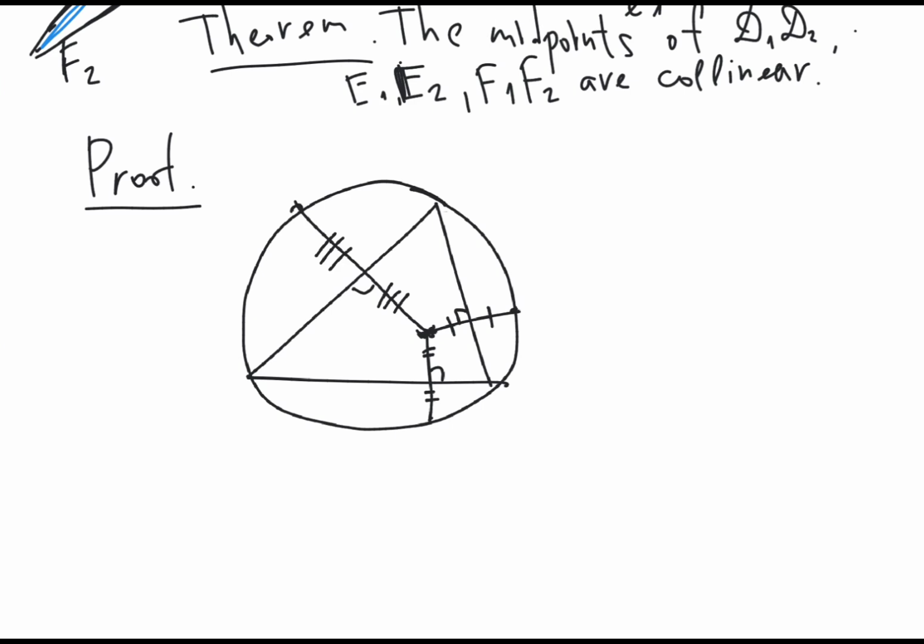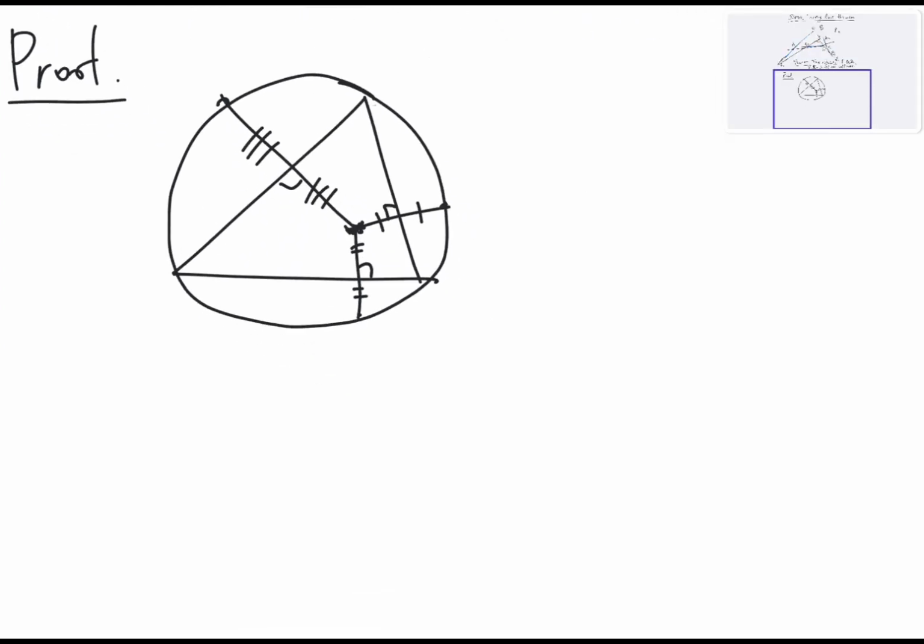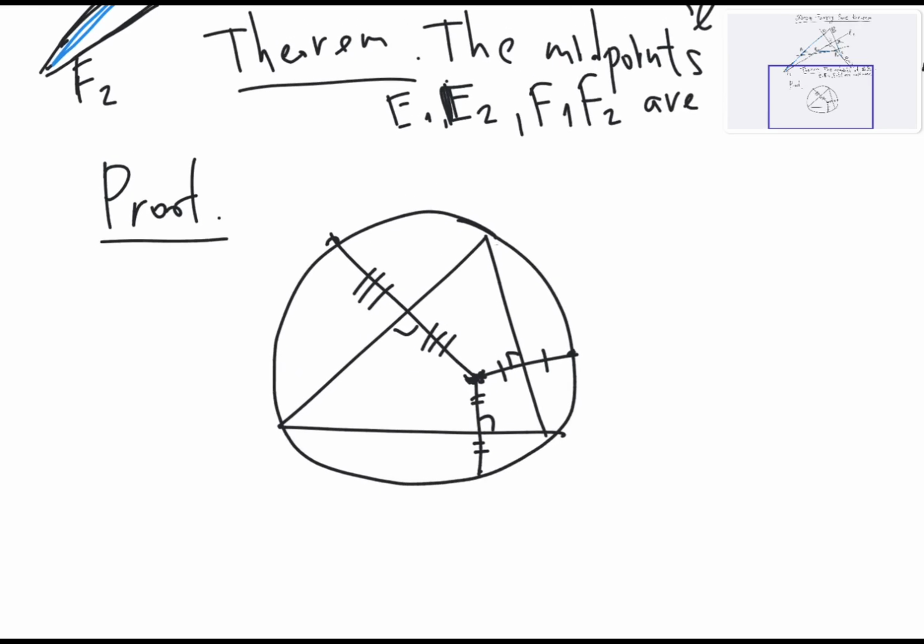Another one is that, if you have any line, and it is very natural that we will use this. So if we have a line passing through the orthocenter, so now I can actually reuse the same picture.